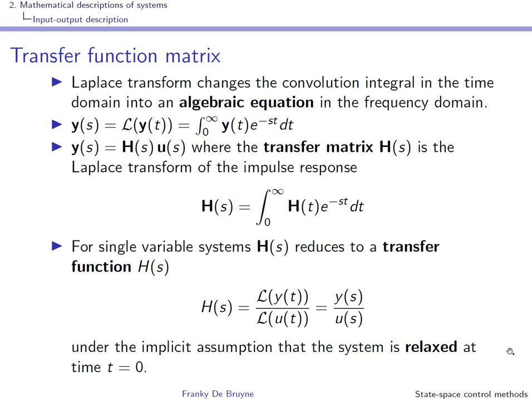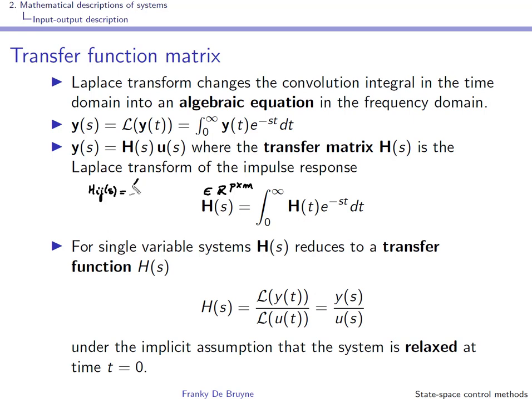The transfer matrix h of s is in R^(p times m), and we can look at the entry hij of s. Okay, and that's the relation between the input j and the output i.